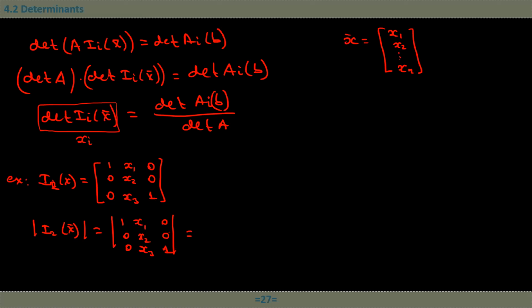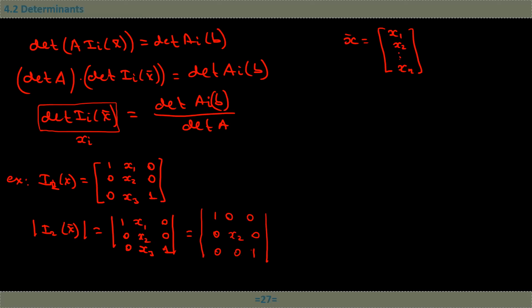If you multiply the third column by minus x3 and add it to the second column, we will have 0 also here. So that thing is exactly the same as 1, 0, 0, 0, x2, 0, 0, 0, 1, right?